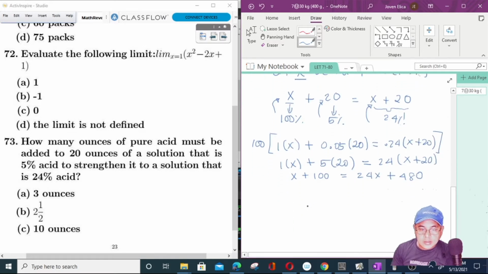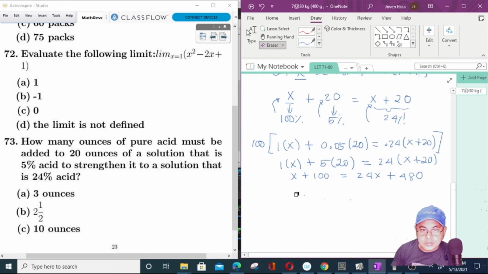Okay, and then let us find the value of x.